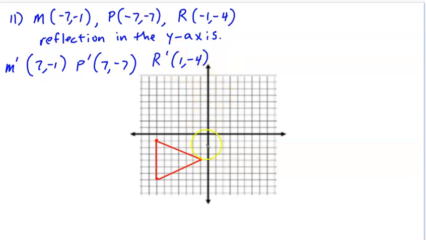All right, so a flip over the y-axis means we change the x's. So let's plot 7, -1, 7, -7, and 1, -4. And it illustrates the flip.